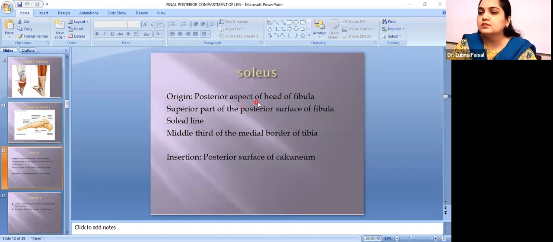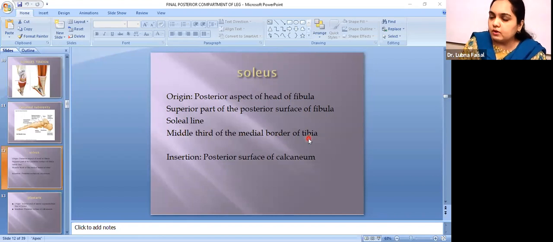Number one, the posterior aspect of the head of the fibula. Number two, the superior part of the posterior surface of the fibula. Number three, the middle third of the medial border of the tibia. So from the two origins, the tibia and fibula, it forms an inverted U-shaped origin, the soleus muscle.